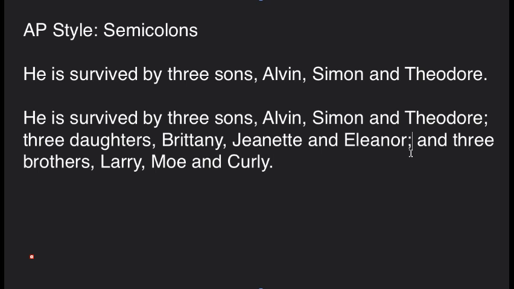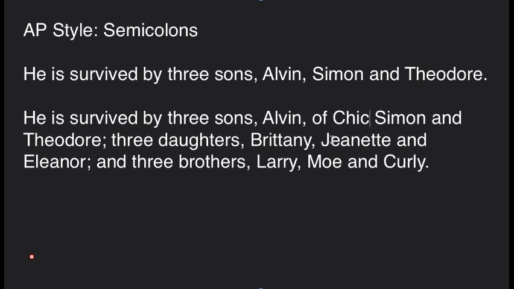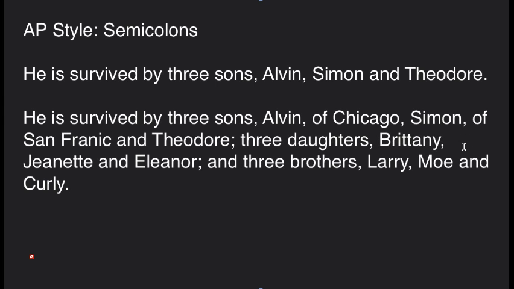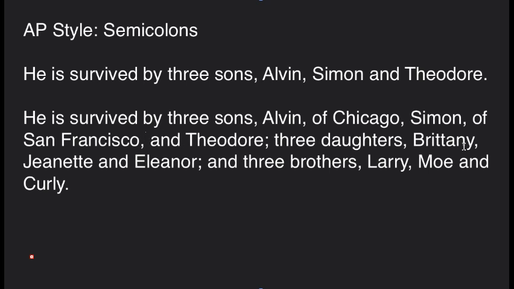This becomes even more important if you need to start using commas for other reasons, like listing the towns that each person is from. So if each of these people, say, had a city of residence, you can see how the layers of commas would get even more confusing. So you kind of see where this is headed.